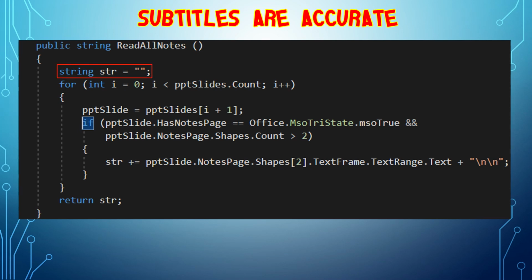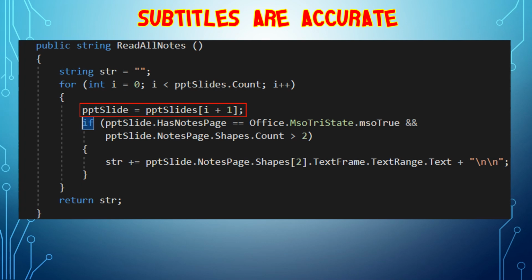First, we create a string variable that holds all notes. Next, we use a for loop to traverse each slide. We assign this so we can look at a specific slide easier.